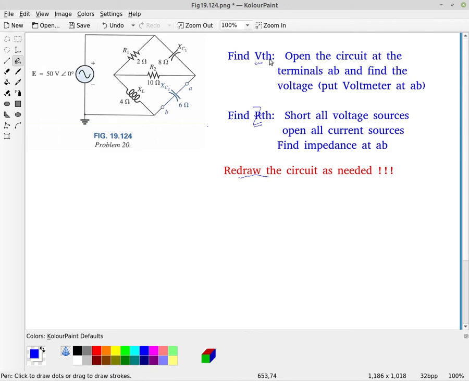So to find Thevenin, we have to open the circuit at the terminals.